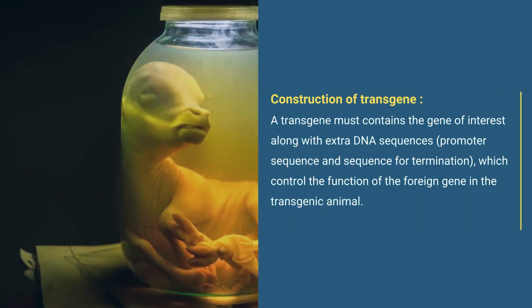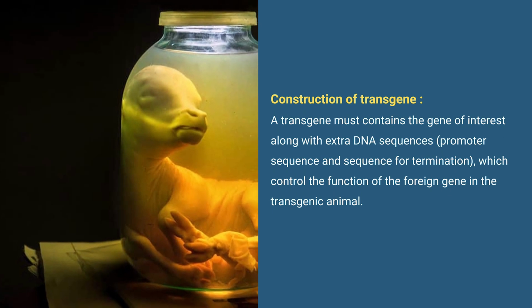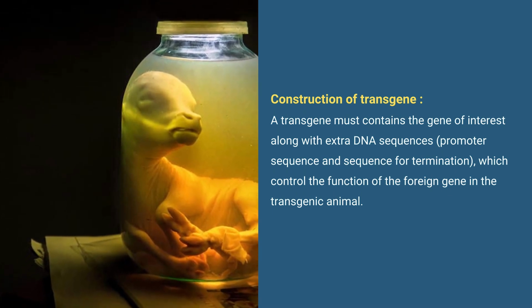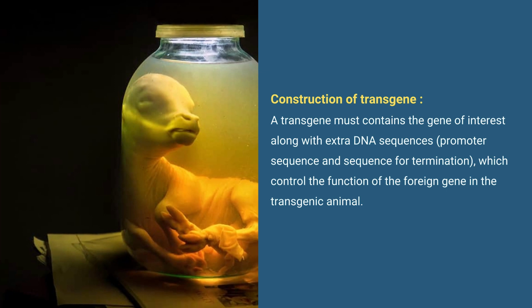For construction of a transgene, it must contain the gene of interest along with extra DNA sequences, that is a promoter sequence and a sequence of termination, which control the function of the foreign gene in the transgenic animal. Three parts are required to construct a transgene: a tissue specific promoter sequence that determines the tissue specific function.